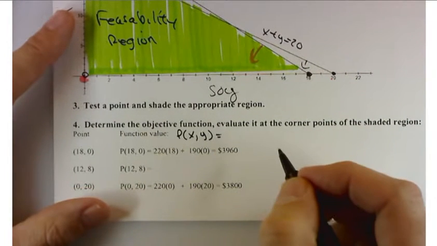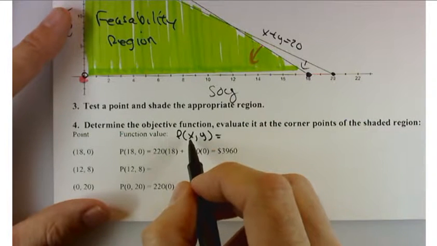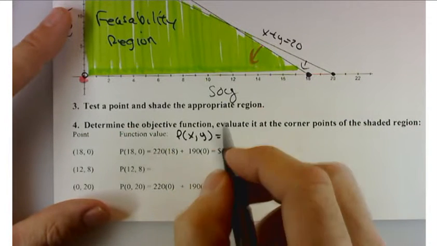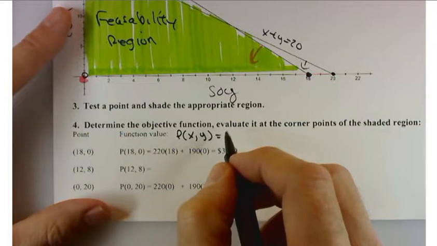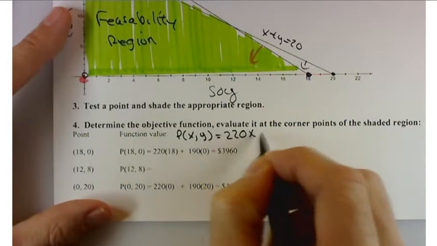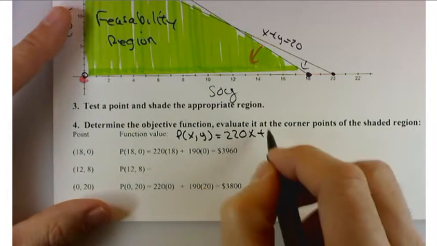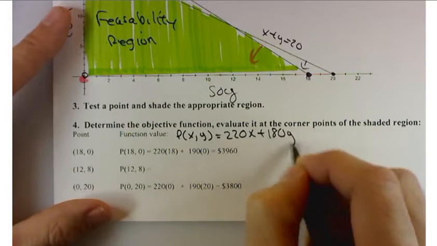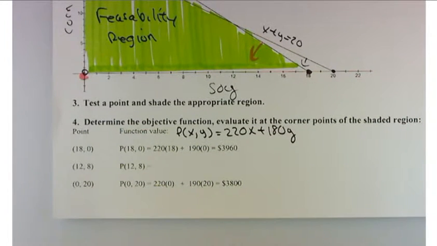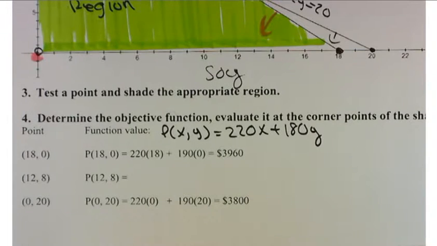Well, how much revenue do we generate from selling an acre worth of produce from soy? So 220X plus 180Y. So that's your profit function.